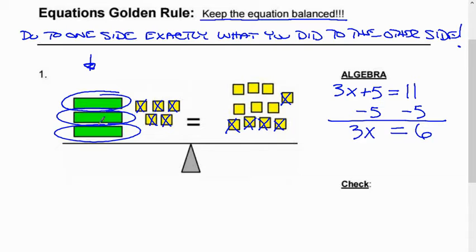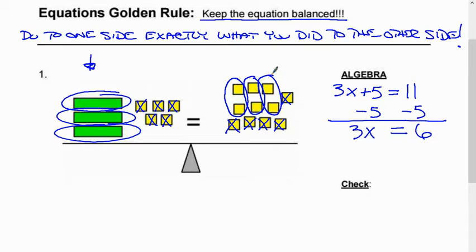Since I made 3 equal groups on the left-hand side, I'm going to have to make 3 equal groups on the right-hand side. There are 6 squares there. That means that each group is going to have 2 squares. So there's 1 equal group, there's a second equal group, there's my third equal group. And now if I match it up, I can see that one variable would be equal to positive 2.